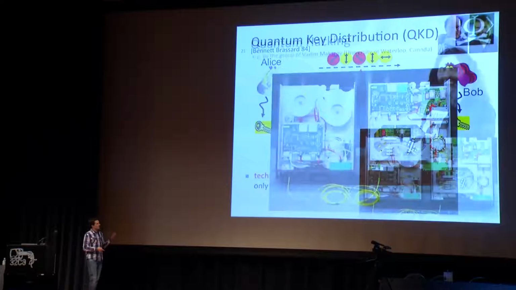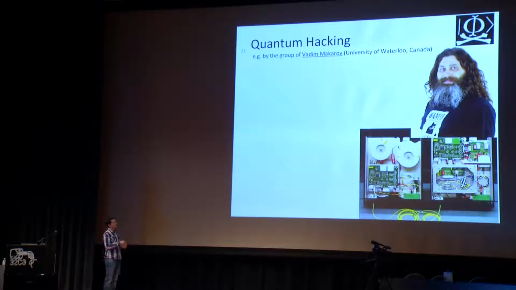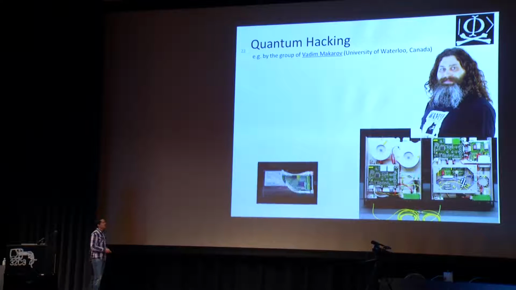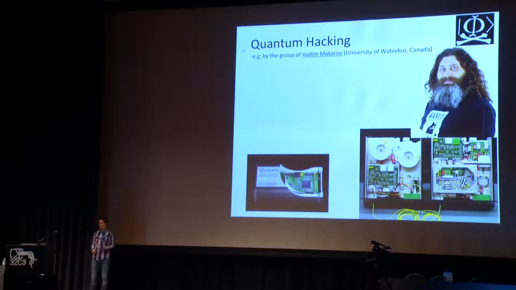That means there are also people who actually hack them. So this is a picture of Vadim Makarov. He's originally from Russia, he's now at the University of Waterloo. He runs a quantum hacking lab. And he has opened these devices, also the random number generator, of course.